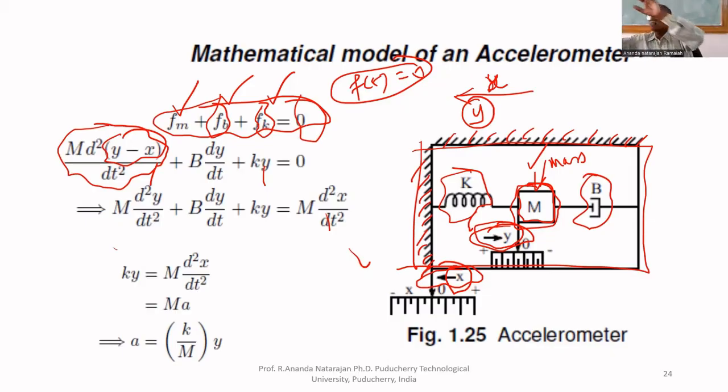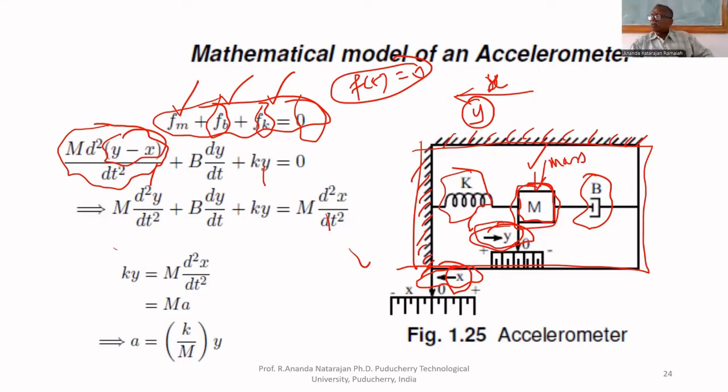Here the entire box is moved from this point to this point, say x. In that, the mass came a little bit to this side because of acceleration. That is y. Therefore, y minus x.